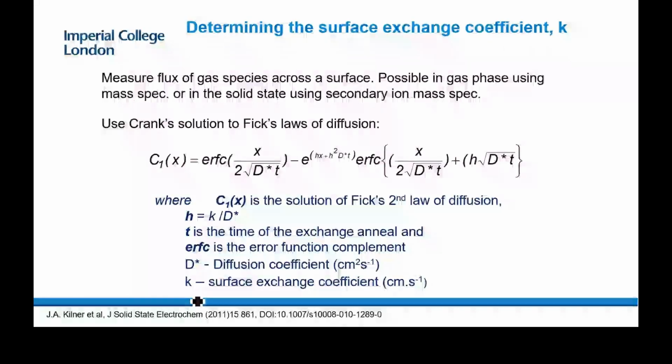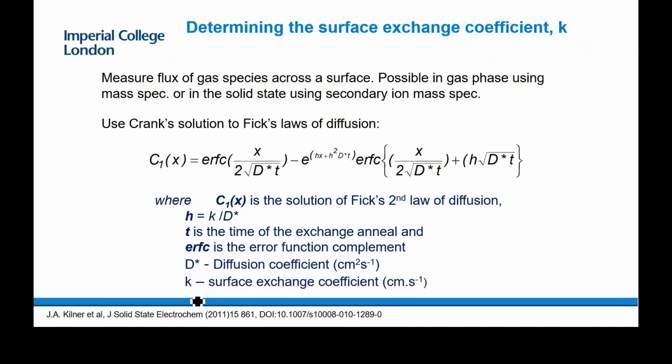At high temperature, there will be oxygen leaving the membrane, there will be oxygen coming into the membrane. That's the definition of your equilibrium at temperature, right? So in the gas phase, using potentially mass spectrometry, or indeed secondary ion mass spectrometry, we can start to think about how we measure that flux across the surface. And that's what we want to do.